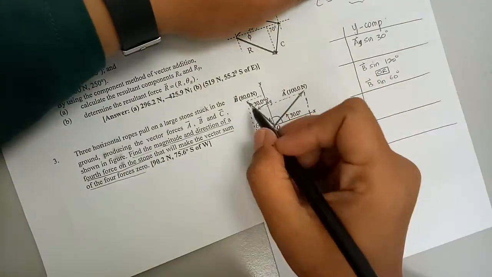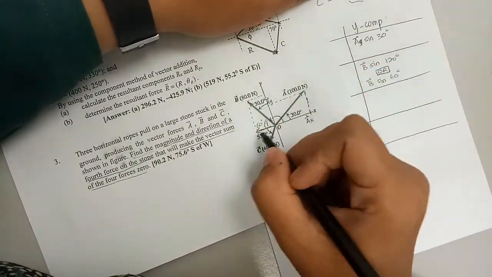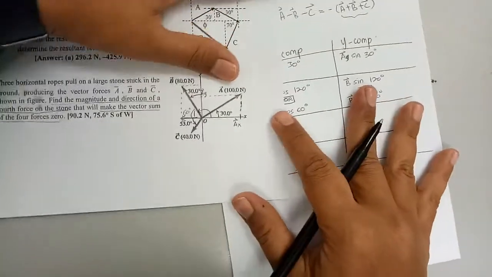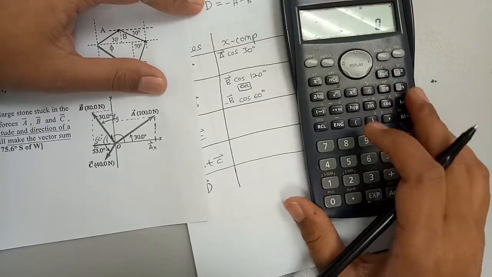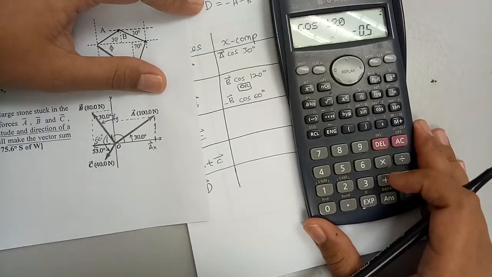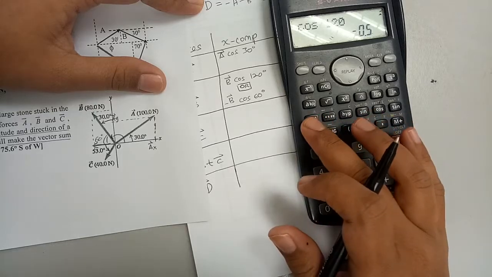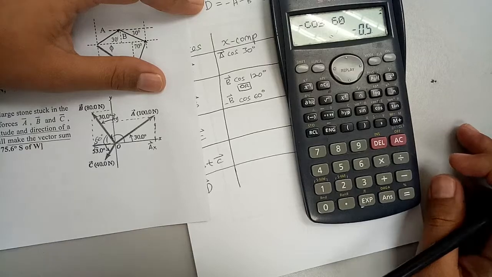Because if I resolve this vector, it's going to the left, and we consider left as negative. Now if you calculate cos 120 degrees, it is negative 0.5, and negative cos 60 is the same.